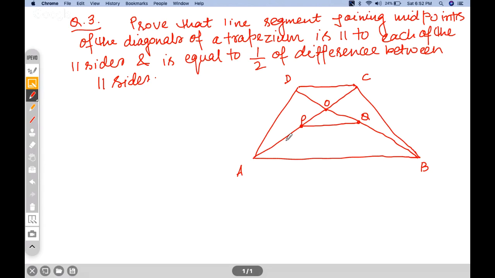Okay, I'll solve the second part. So let me solve the first part only.